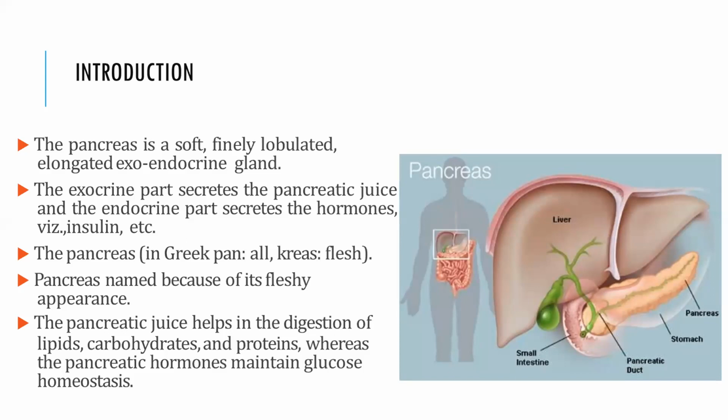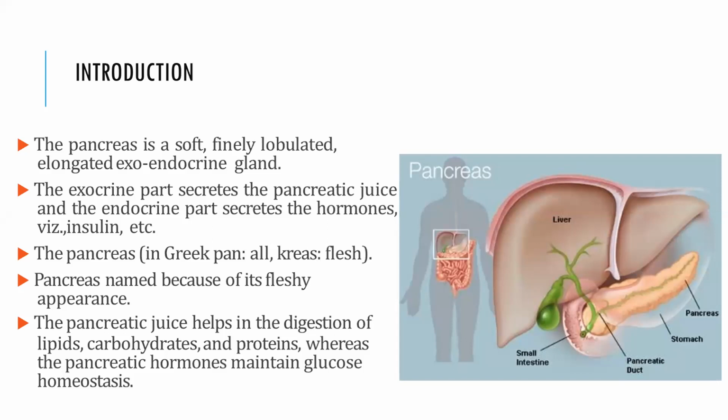The exocrine part secretes pancreatic juice, which helps in digestion of lipids, carbohydrates, and proteins, while the endocrine part secretes hormones, like insulin. In Greek, pan is all, kreas is flesh. Thus pancreas is named because of its fleshy appearance.